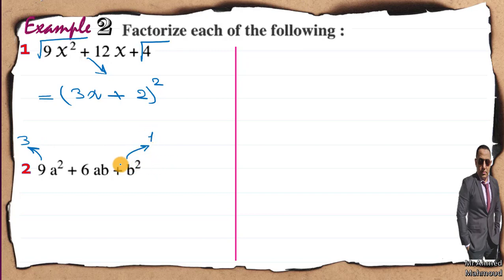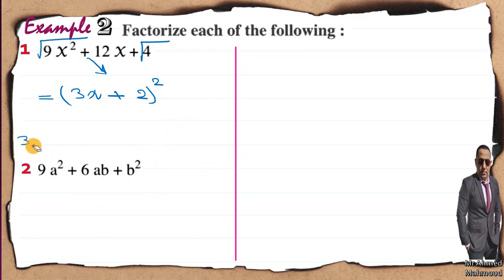So the first and the third are squares. To check, I'm going to do 2 times 3 times 1 equals 6. So this is a perfect square.